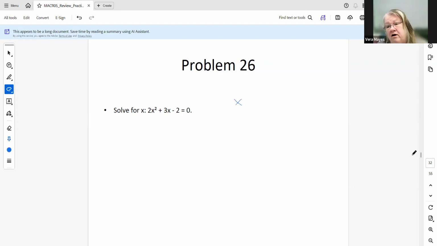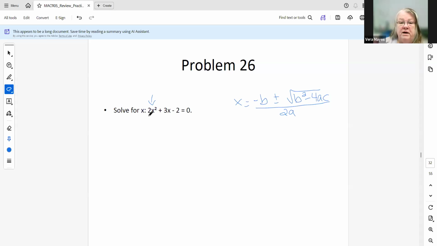So we know that our x is equal to negative b plus or minus the square root of b squared minus 4ac all over 2a. Now this only works if it's to the second power, and that's what we've been focusing on in this class.